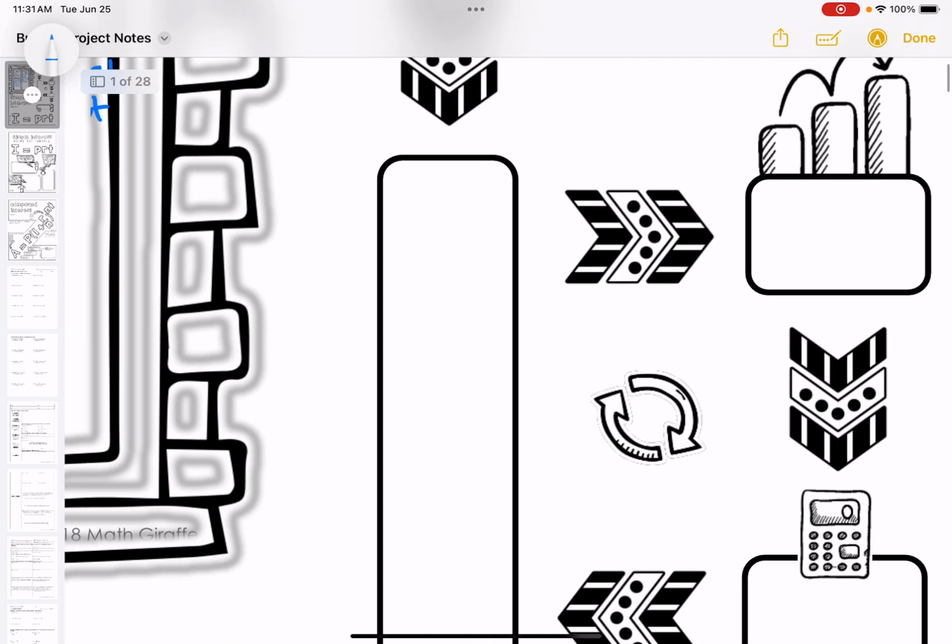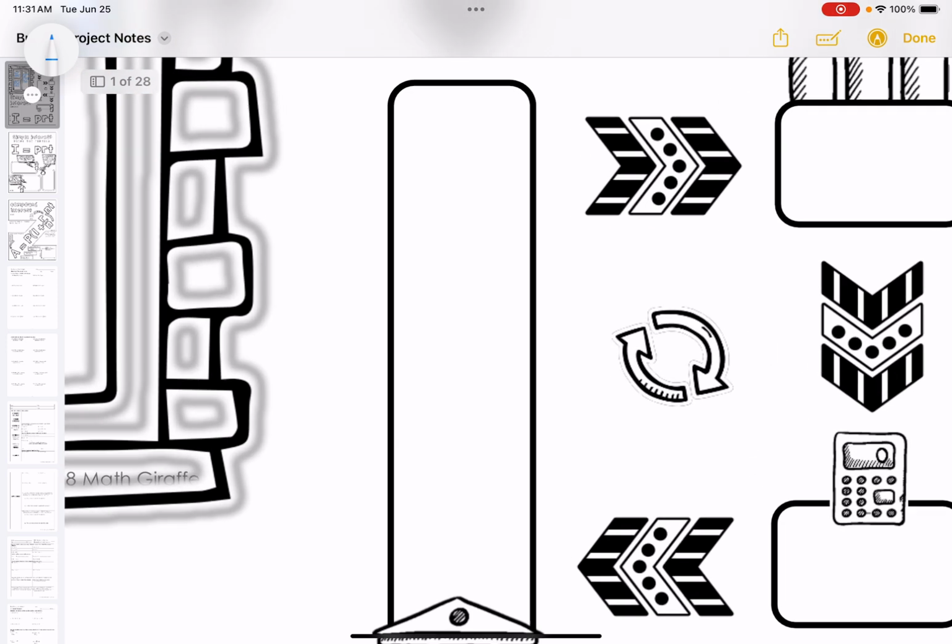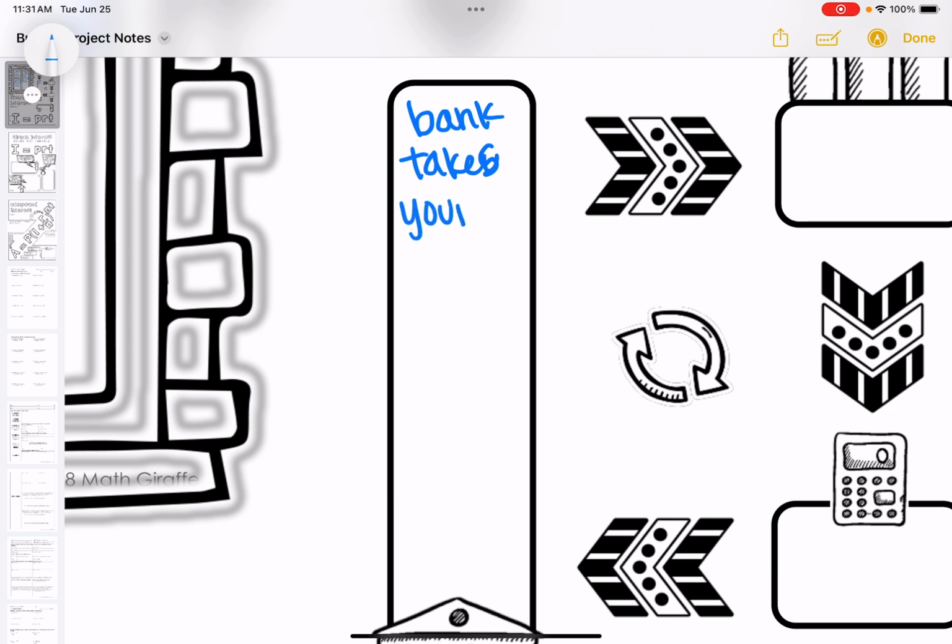All right, then our arrows are pointing down to this skinny rectangle box. So the bank takes your money and invests.